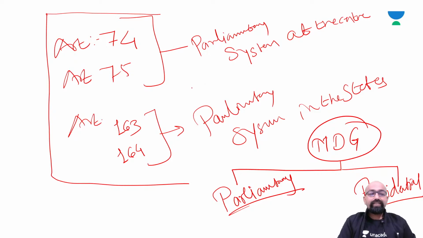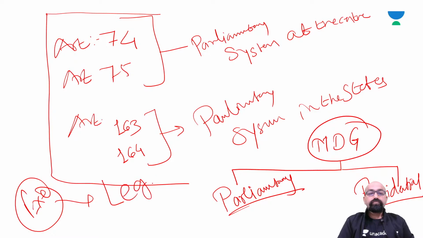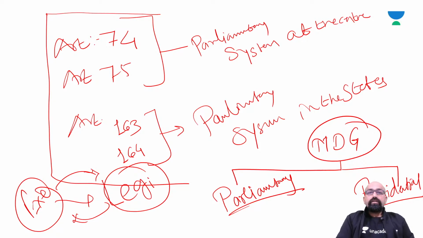Today we'll see the difference between these two and how they work. The classification is on the basis of the nature of the relations between the executive and legislative organs of the government. So it's all about the relation between the executive and legislative organs of the government. I hope the basic points of parliamentary and presidential types of government are clear.